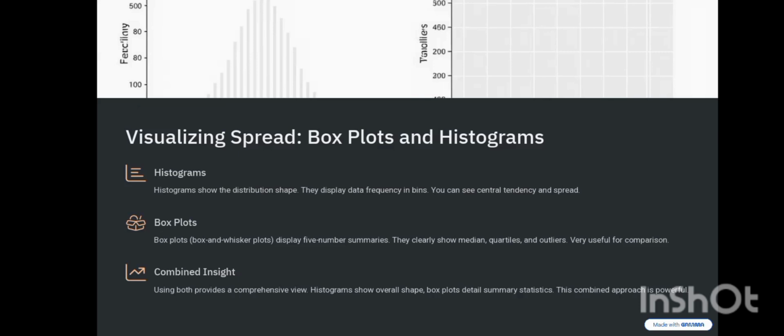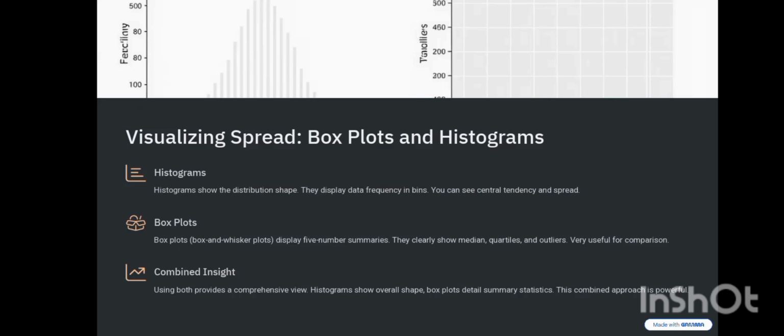Visualize spread: box plots and histograms. Histograms show the distribution shape. They display data frequency in bins. You can see central tendency and spread. Box plots, or box and whisker plots, display five-number summaries. They clearly show median, quartiles and outliers.